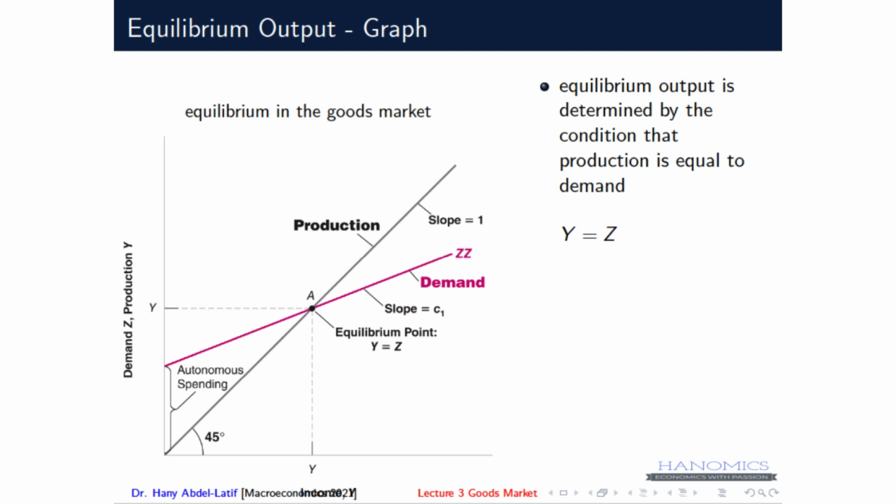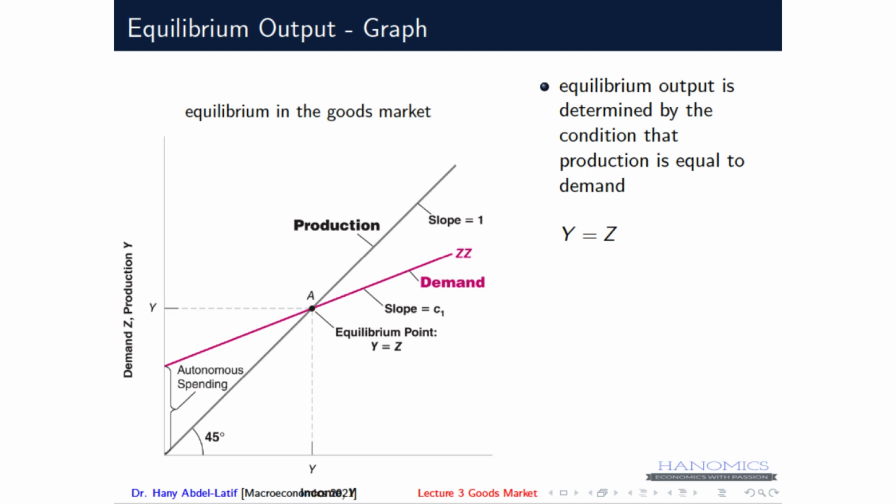One is the autonomous spending, which determines the position of that line, how high or low the demand function will be. That is determined by the autonomous spending component. And the other parameter is the slope, which is the marginal propensity to consume. So the slope of that function, ZZ, the total demand function, is going to be determined by C1, or by the marginal propensity to consume.